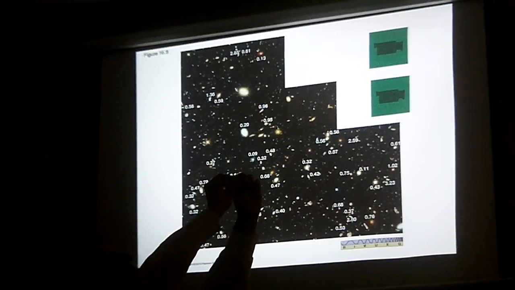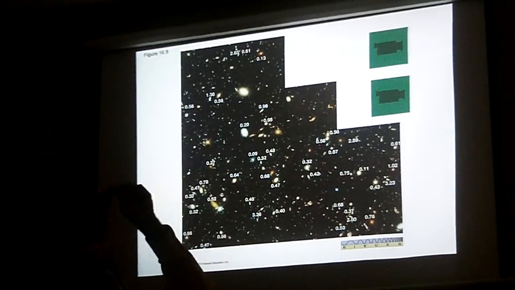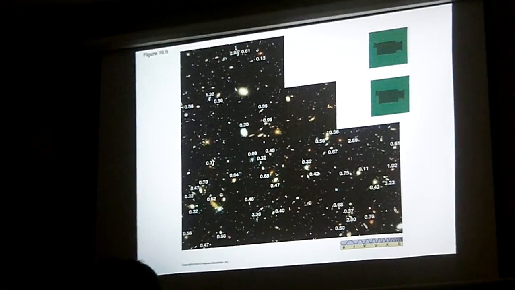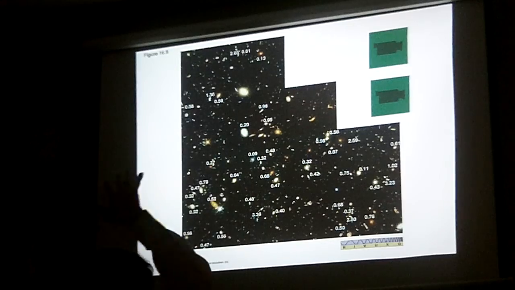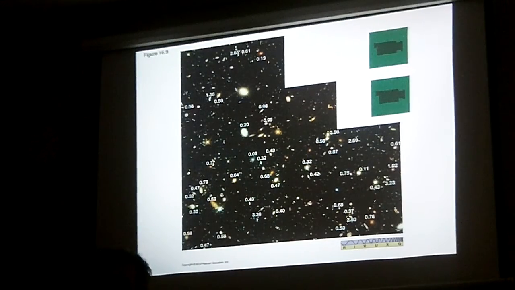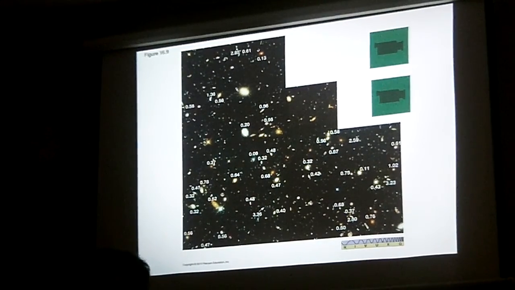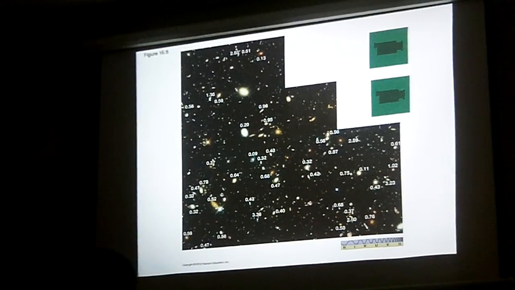And then you just multiply by how many of these little areas it would take to completely cover the sky, and you have a count of how many galaxies there are or were at one time in the universe. And that number comes to somewhere around a couple hundred billion. There's a couple hundred billion other galaxies out there.